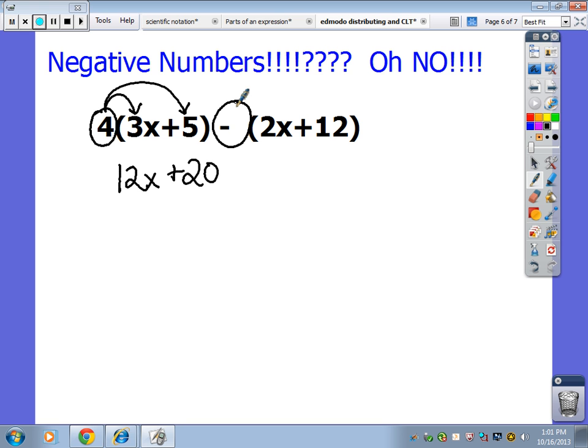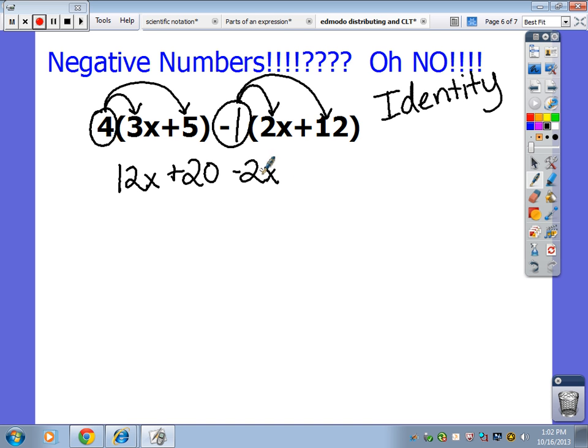Well, the identity property of multiplication says that there is technically a 1 in there, a negative 1 times what's inside the parentheses. So I can distribute the negative 1. Negative 1 times 2x is negative 2x. Negative 1 times 12 is negative 12.